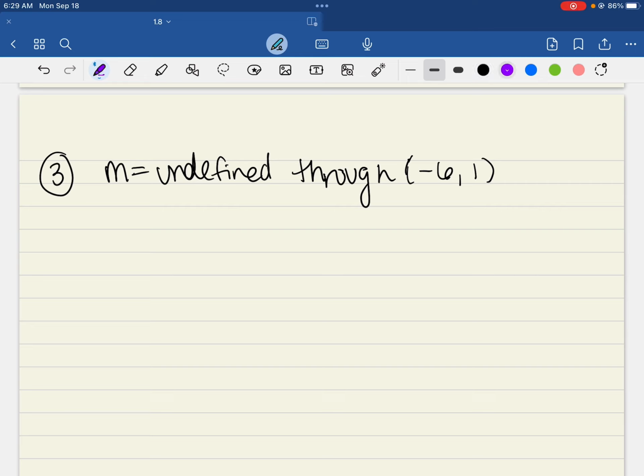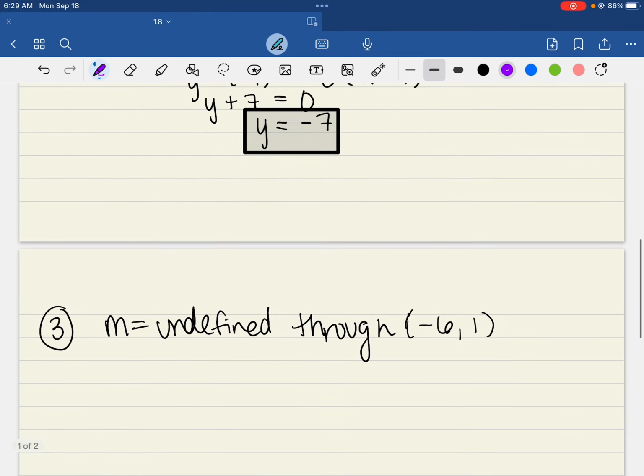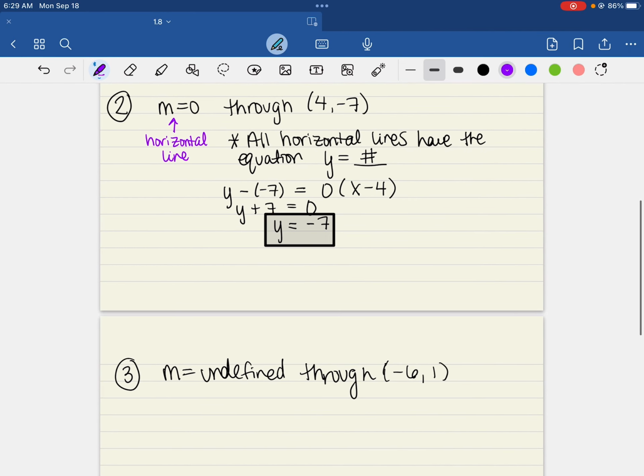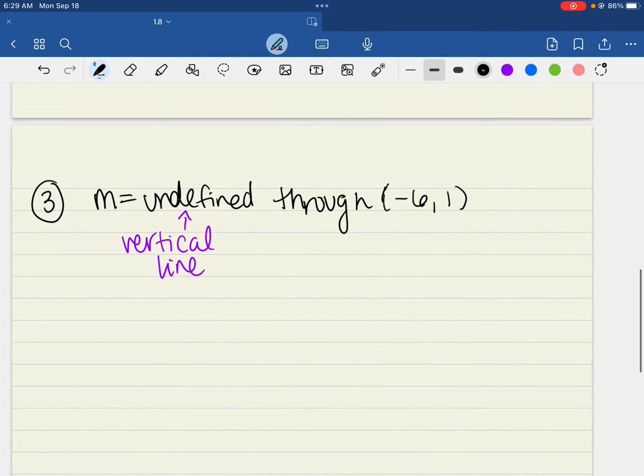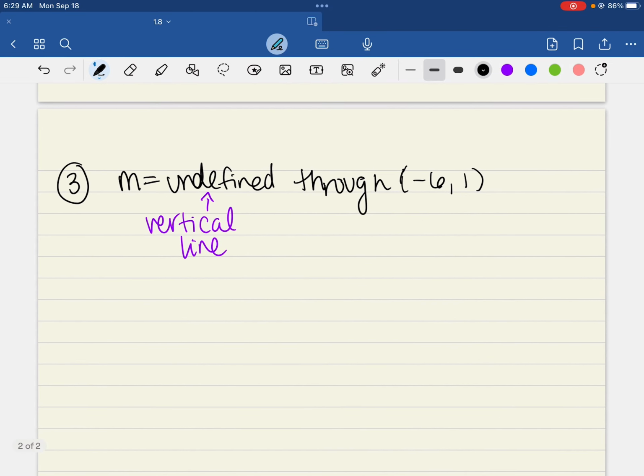Okay, hopefully you paused. Now, what does it mean when we have undefined slope? Looking back at what we had for number 2, we know with an undefined slope, we have a vertical line. Now, using context clues and elimination skills, similar to the horizontal line, we have a definition for vertical lines, such that all vertical lines have the equation x equals a number.